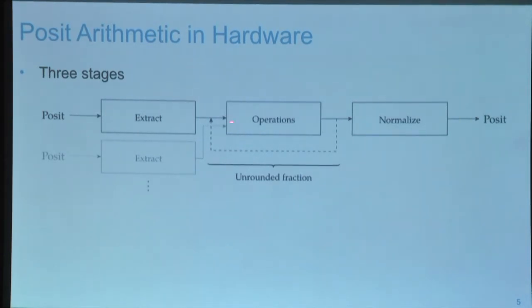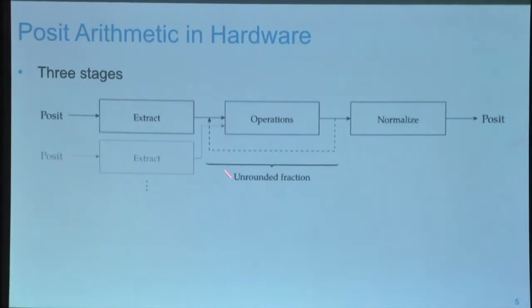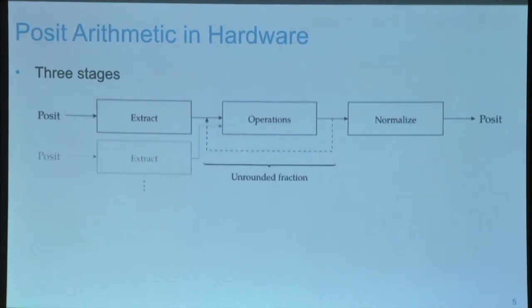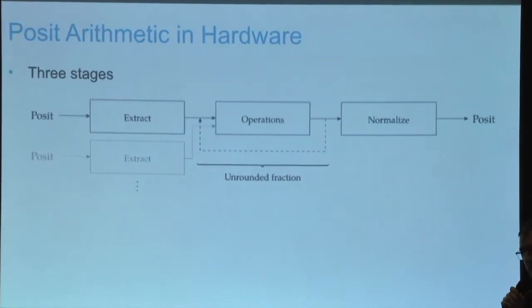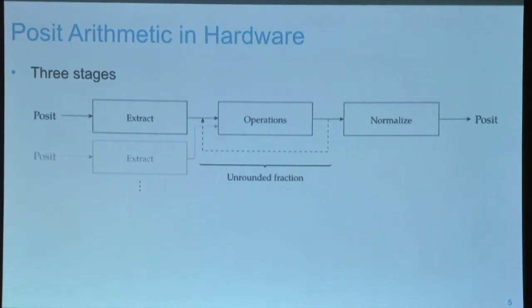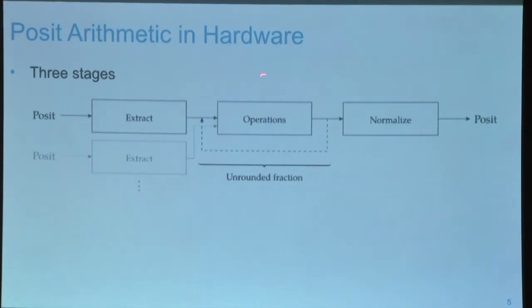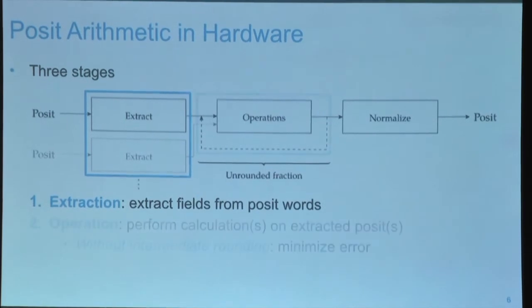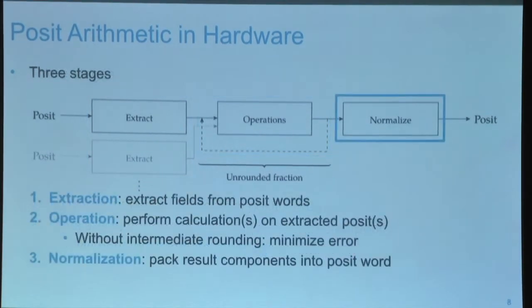Then we can move on to the actual operation. When we do a bunch of operations here, we keep the unrounded fraction for intermediate results. This is an implementation of the quire register that's also in the specification. And then at the end, we normalize the Posit.